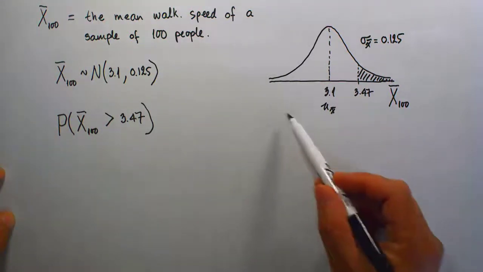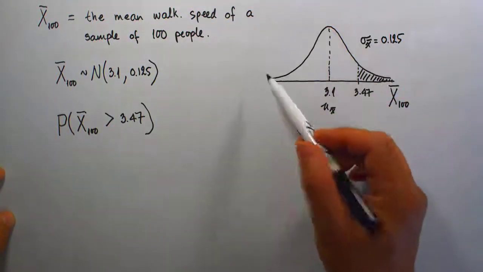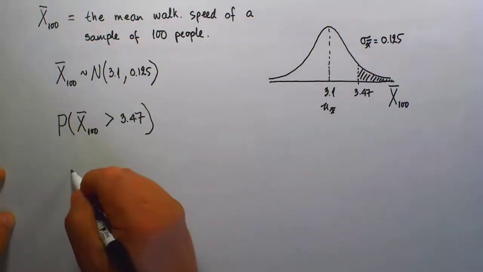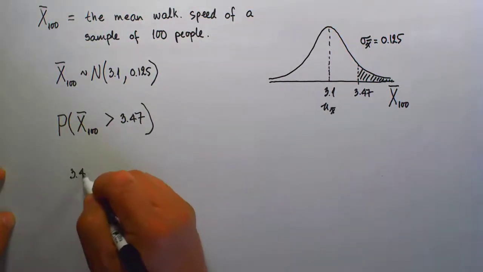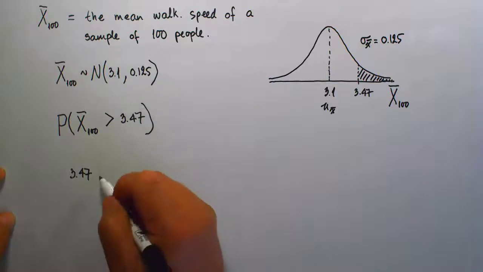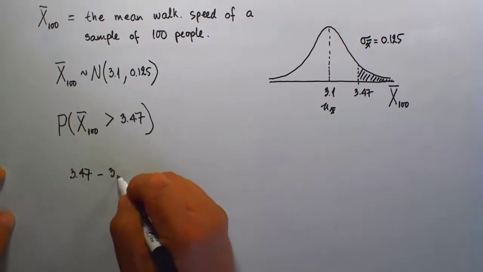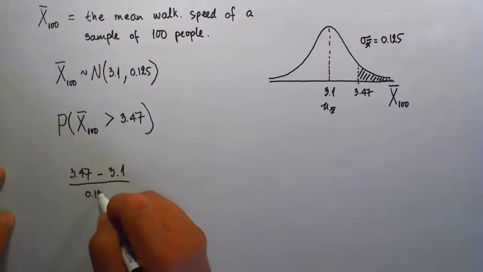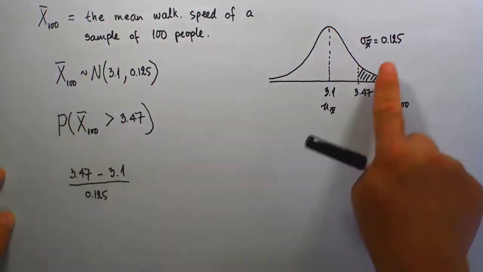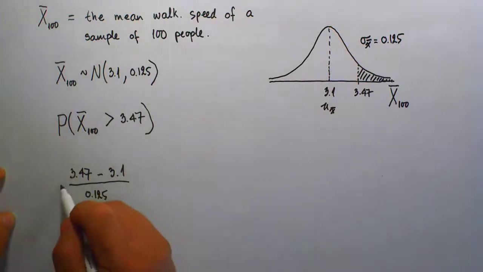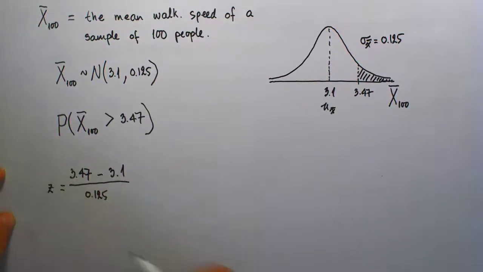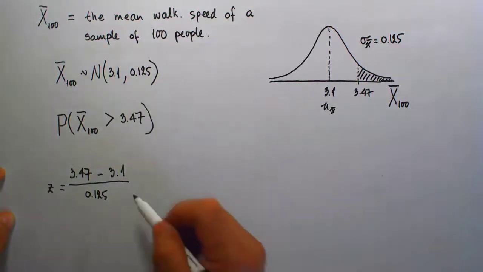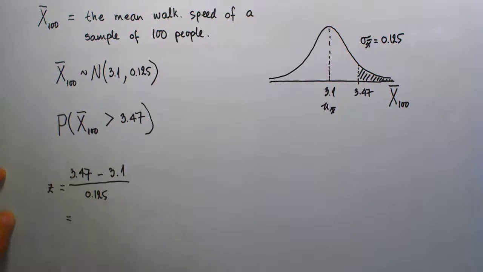So relative to this bell curve, this PDF, for 3.47, let's subtract the center, 3.1, and divide by 0.125, the standard deviation on this current bell curve. What we're looking at here is the z-score for 3.47. The calculation comes out to be 2.96.